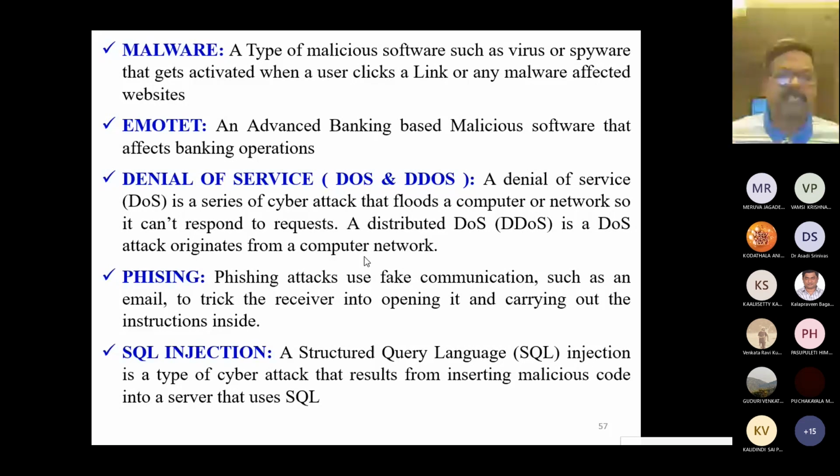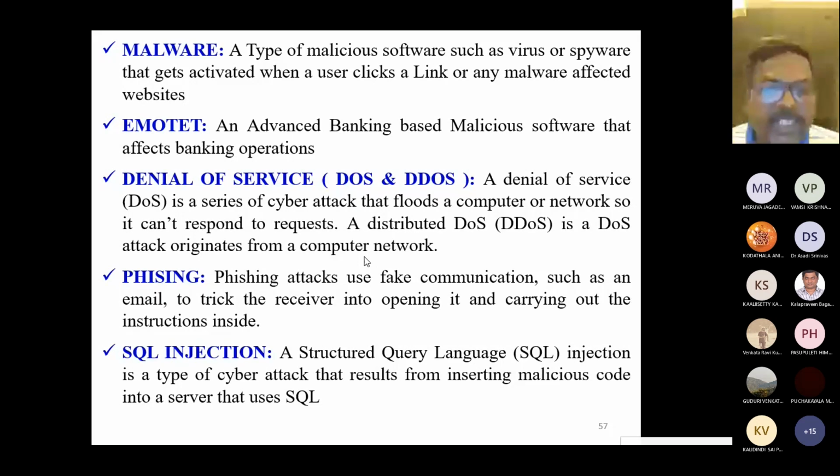Denial of service is a series of cyber attacks that floods a computer, network, or data center so it can't respond to requests. A distributed denial of service is a DoS attack that originates from a computer network. That means you are attacking the network a number of times. That is called denial of service.